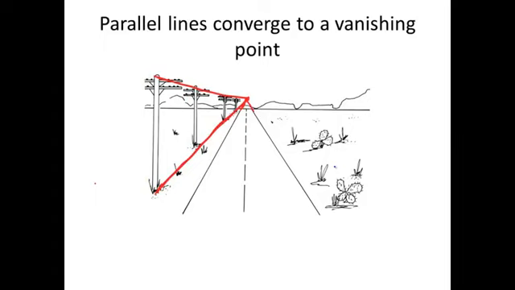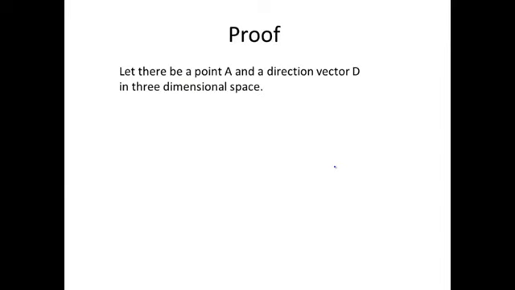So first let's take up this property that parallel lines converge to a vanishing point. How will we go about proving this? Let there be a point A and a direction vector D in three-dimensional space. What we'll do now is to write down the equation of a point on this line.